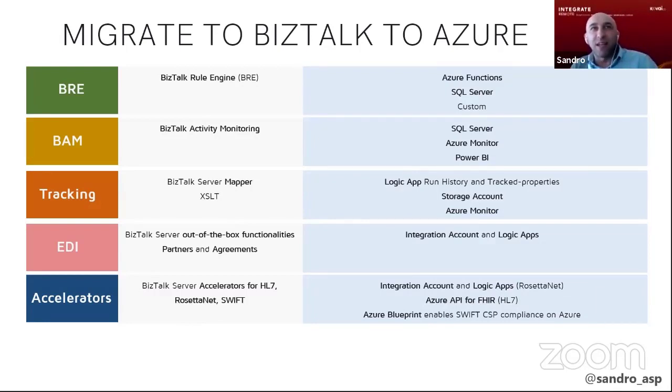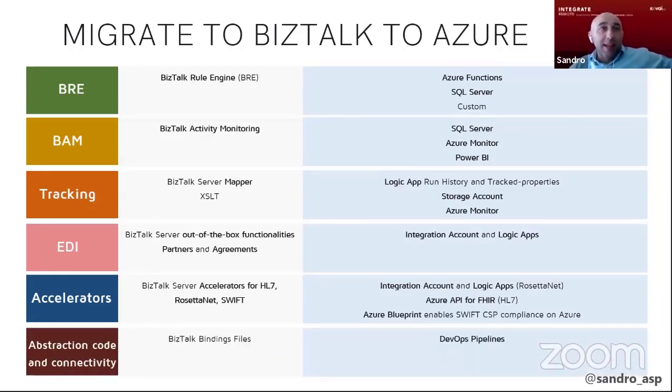I don't think there is anything out of the box with Logic Apps. The closest we have is Azure API for FHIR. And for SWIFT, the only thing I find related is Azure Blueprint. I'm not really a SWIFT expert, but this is the closest I found.